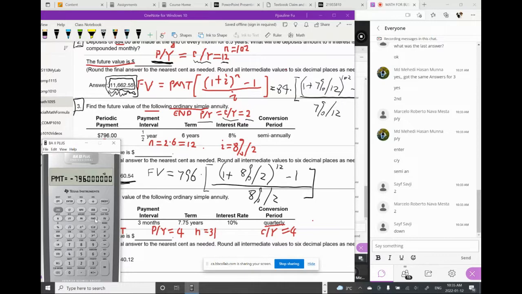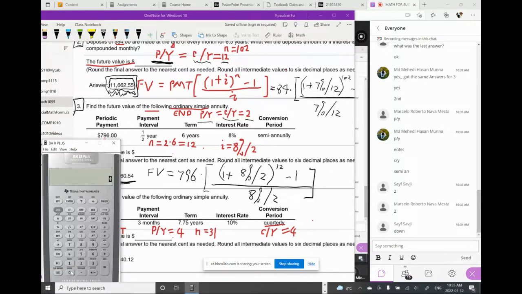Okay. And the next term n equal to 12. 12, press n. And interest is 8. When you use calculator, just type in 8 without percentage, without divided by 2. So 8 is IY. IY represents interest.